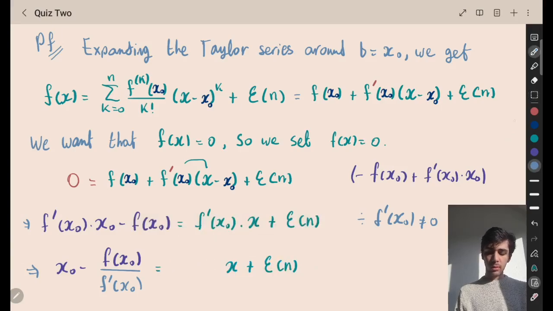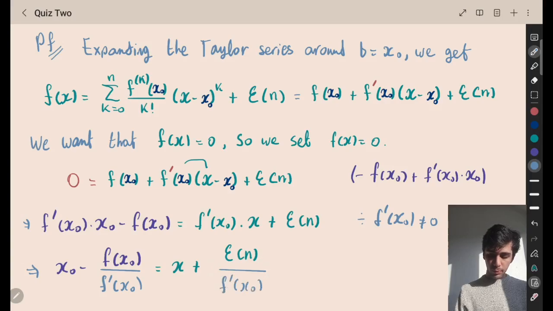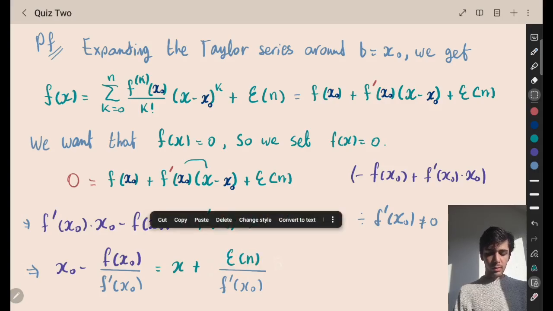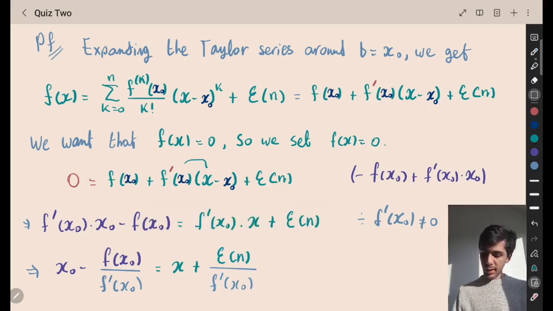It's going to get cancelled out. And then we're finally dividing the error term by f prime of x0. So that is good, because this looks exactly the same as our iterative scheme that we were hoping to get.